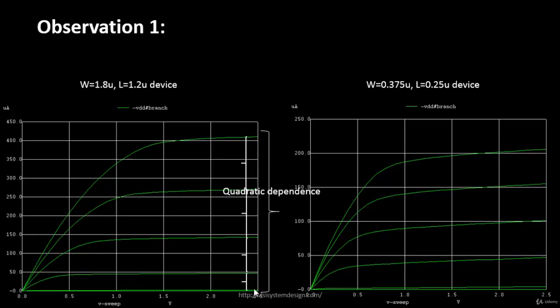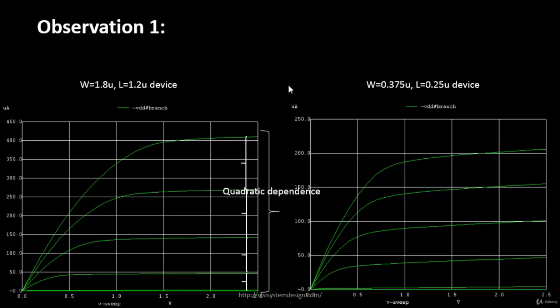At a gate voltage of 0.5, you have a small drain current of about 10 microamps. At a gate voltage of 1 volt, you have a drain current of about 40 microamps. So it's not linearly increasing with gate voltage, but there is a quadratic dependence on the gate voltage.